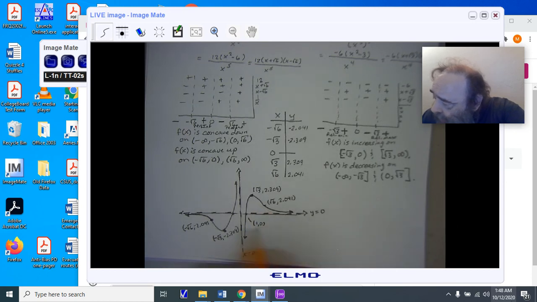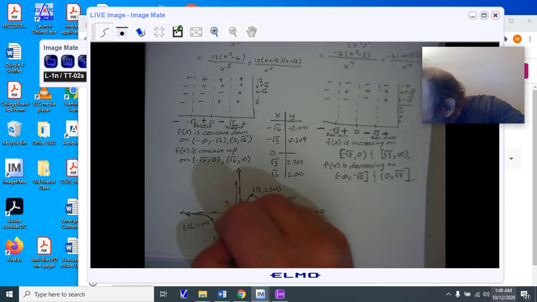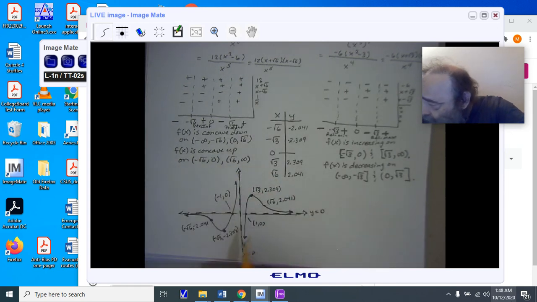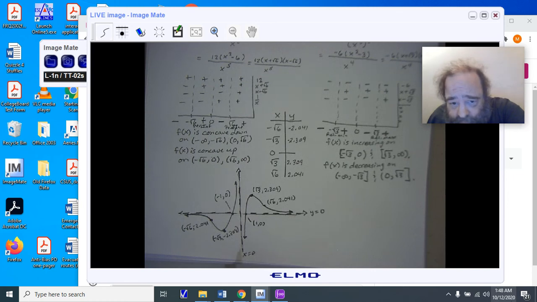I then went back and plotted my x-intercepts, my points of interest. And that is our goal, trying to be able to graph and sketch a graph based upon information we know.